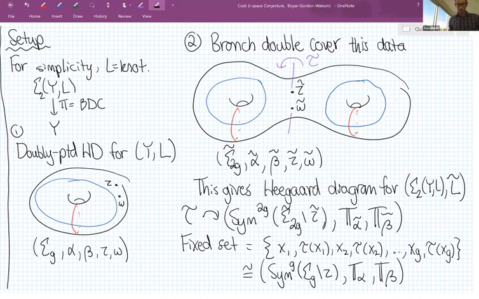So now the name of the game is how do you compare the Lagrangian Floer homology of some Lagrangians to the Lagrangian Floer homology of the fixed point set.